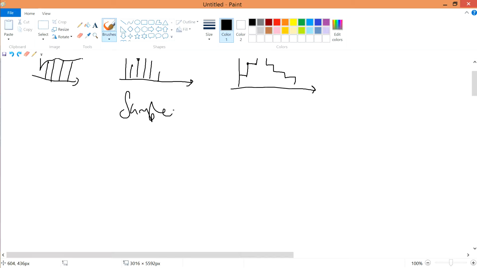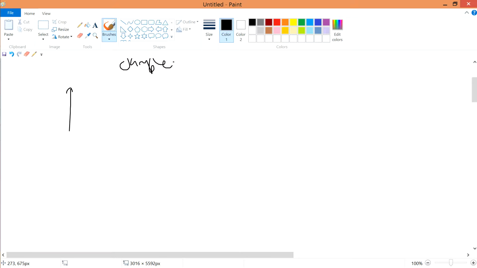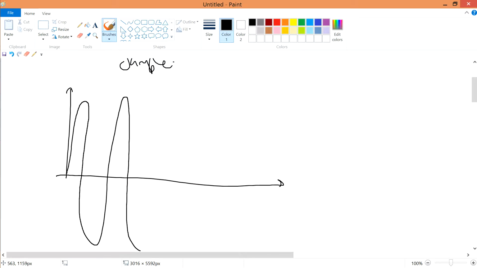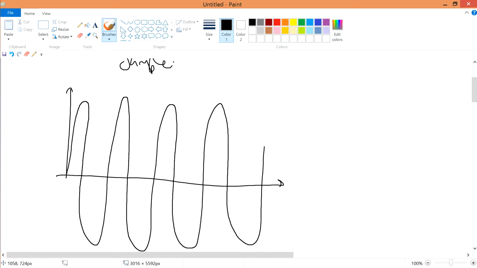Over here you're going to sample your signal, and if you were to sample with a lesser frequency, so for example if you have a signal that is like this, very fast, however when you sample it, you only sample this point, this point, and this point, maybe some other points.